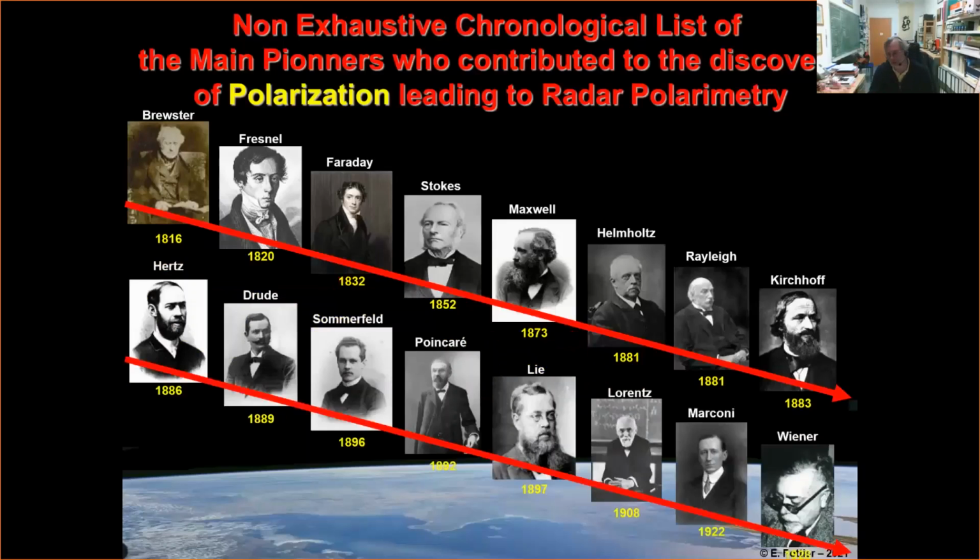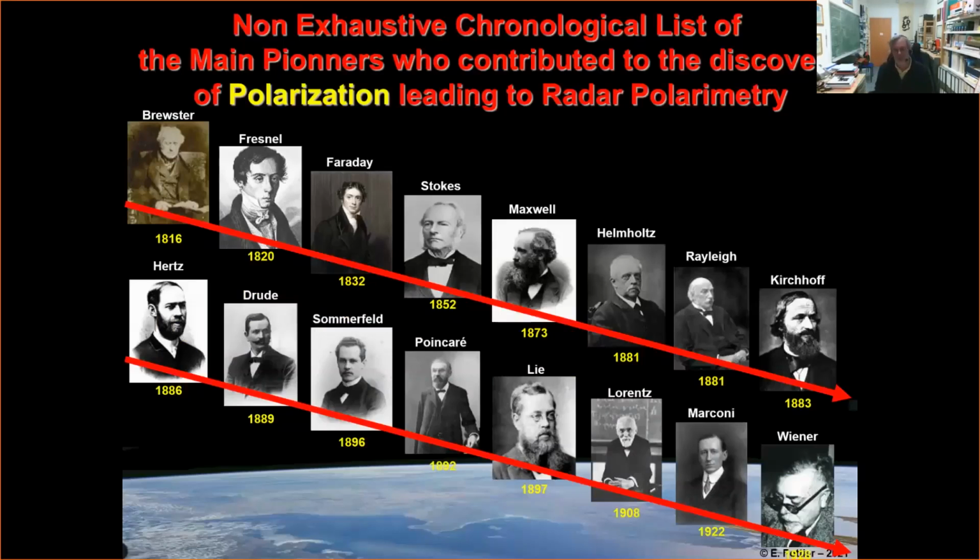And then we have a second list of physicists working on optics: Hertz, Schuster, Poincaré, and Lie. These two guys are very important because, as I said during my introduction, today, due to the dual-pol systems, we are coming back to the theory described by Poincaré and Lie, and we are working more and more on the group of Lie.